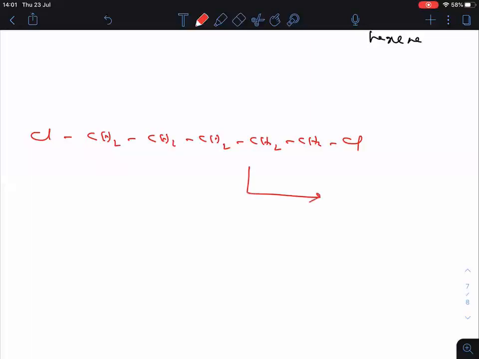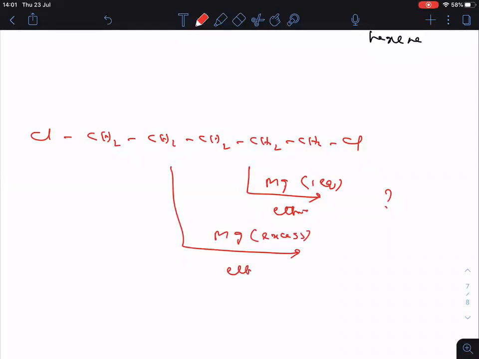So when this is treated with one equivalent of magnesium in ether, what is the product formed? At the same time, when this is treated with excess magnesium also in ether, what is the product formed? Both the things I want here, with one equivalent as well as with excess.